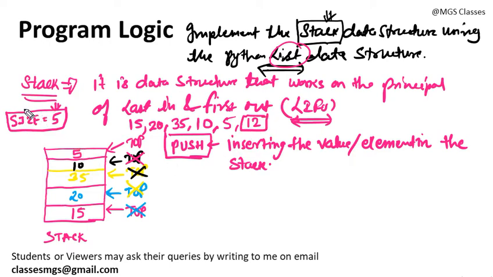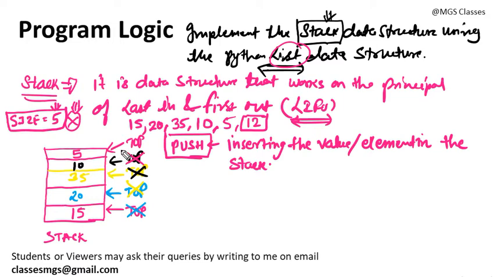Because the stack size is 5. Any stack we implement has a limit on its size, because a stack has limited capacity to store elements. If our stack can store 5 elements, we can insert 5 values.